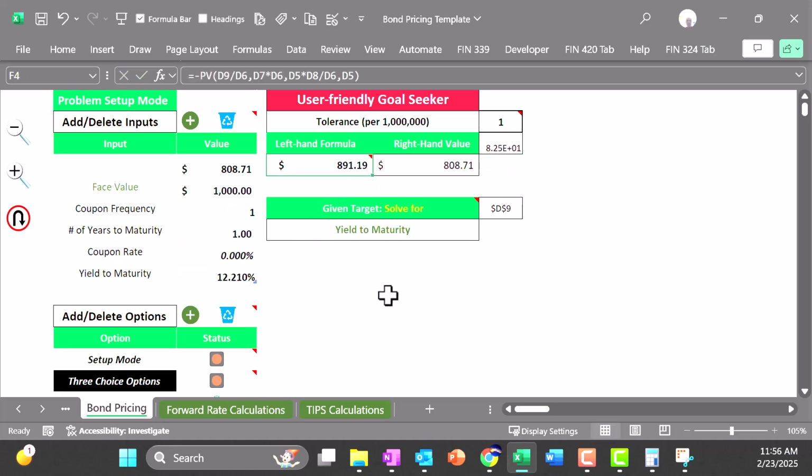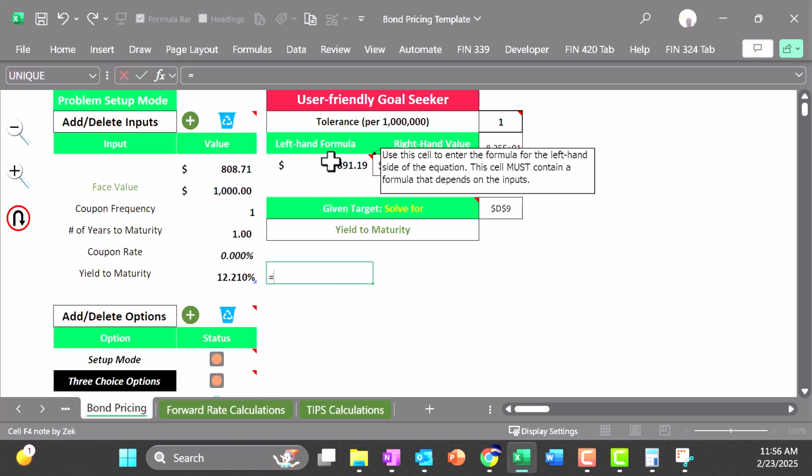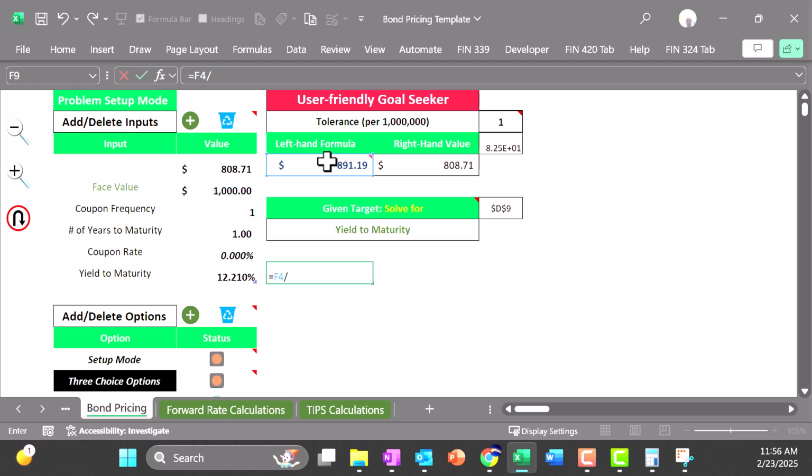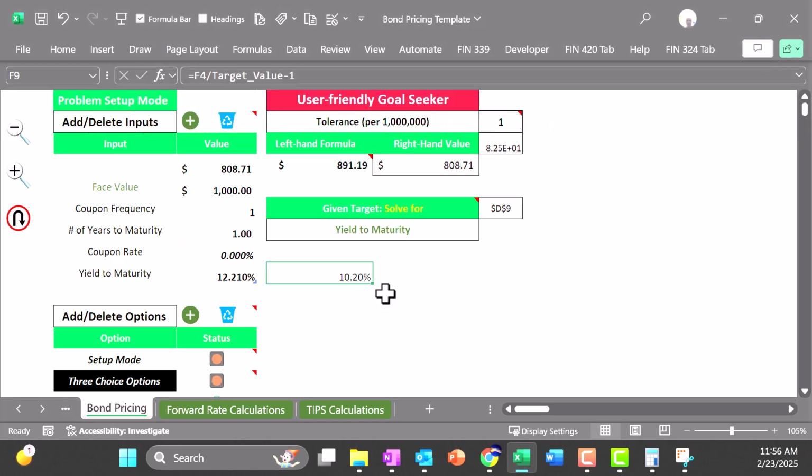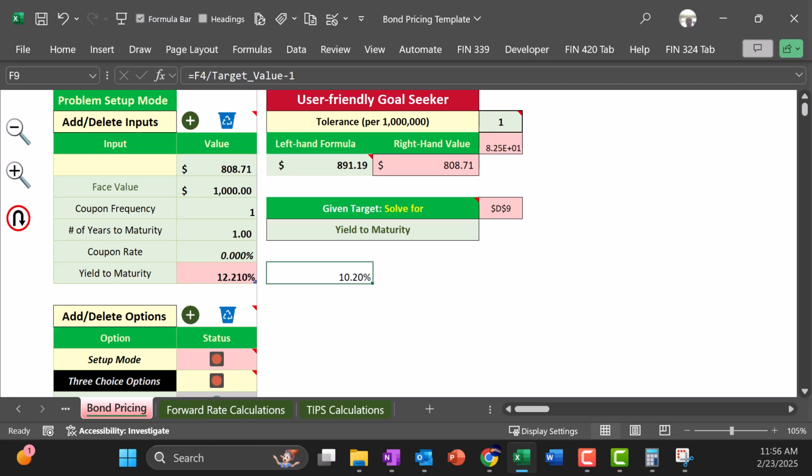And that bond is going to be trading at that level. So let's take the price, then divided by price now minus 1. Convert that into percentages. So 10.20% is the expected rate of return.